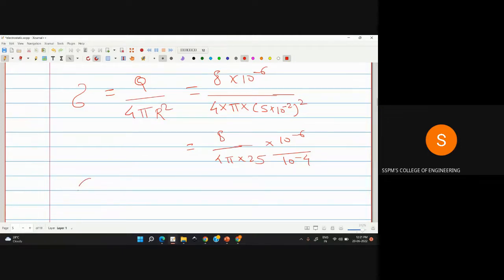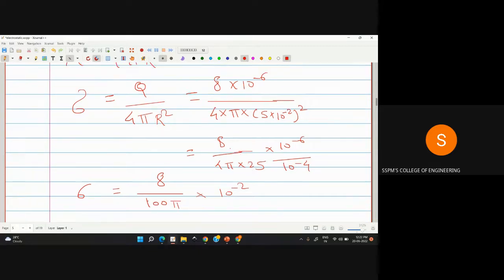The surface charge density is 8 divided by 100 pi, 25 into 4 is 100, isn't it? Into 10 to the power minus 2. Now you have to find the value of 8 divided by 100 pi and multiply with 10 to the power minus 2, isn't it?